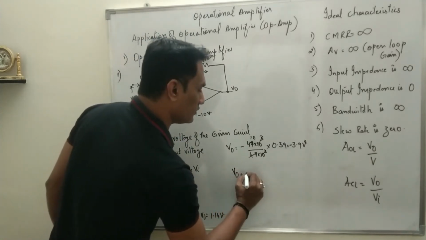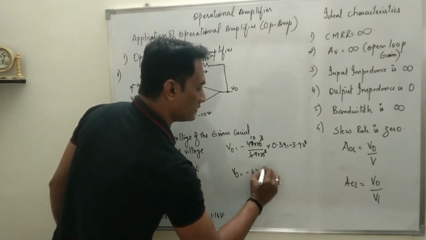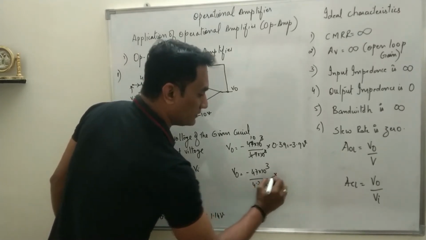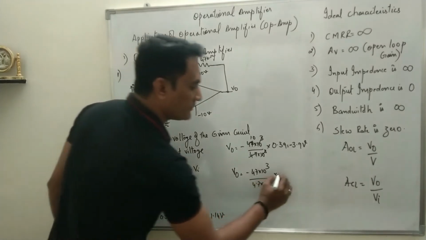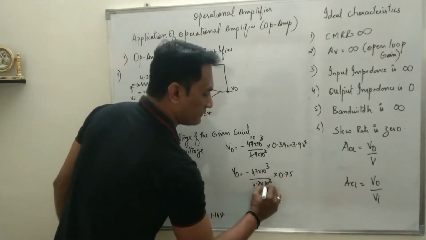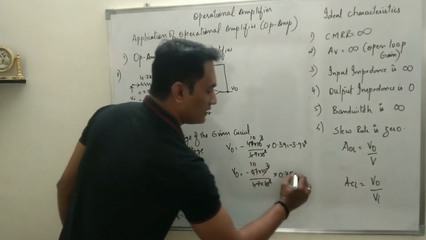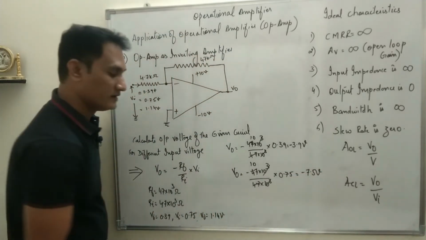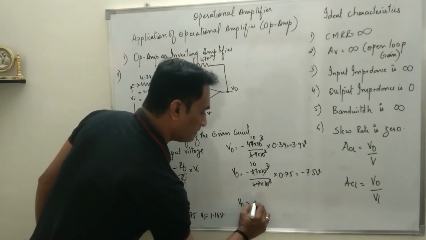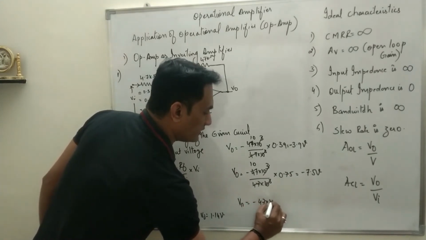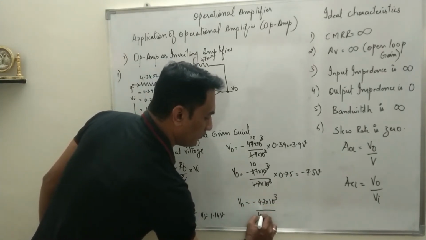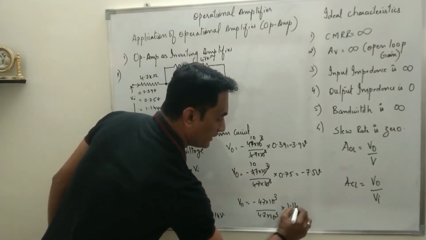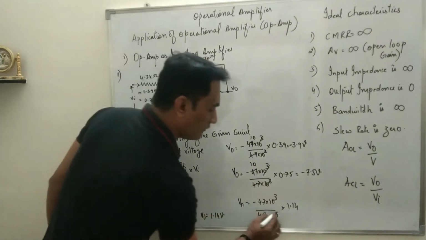Similarly, V0 is equal to minus 47 into 10 to the power 3 upon 4.7 into 10 to the power 3, multiplied by the second input voltage, 0.75. This cancels, this is 10, so this is minus 7.5 volt. Okay, second. And third is minus 47 into 10 to the power 3 upon 4.7 into 10 to the power 3, multiplied by 1.14.